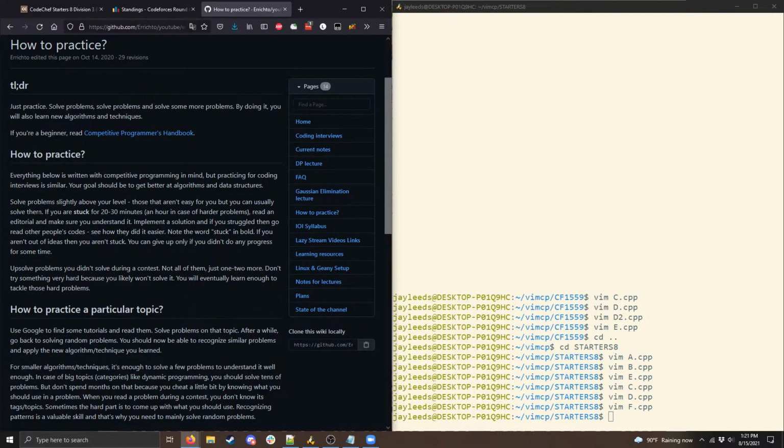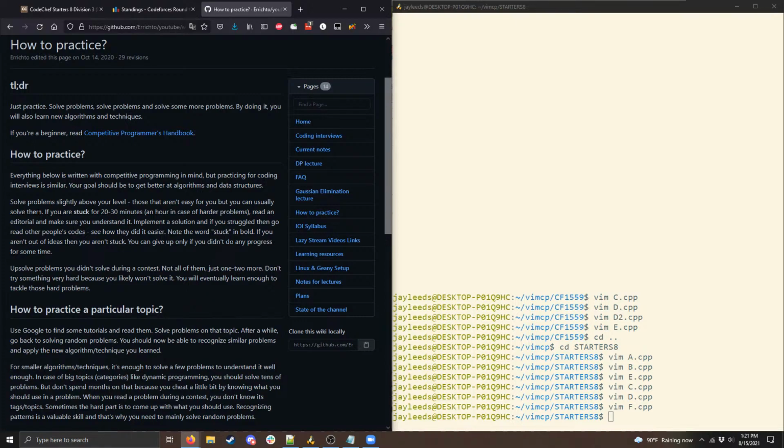The other thing I would say is that you should not be one of those people who refuses to ever look at an editorial. In certain cases, it can be really helpful to have access to editorials, as long as you make sure to learn from them so that you'd be able to solve the same problem next time.